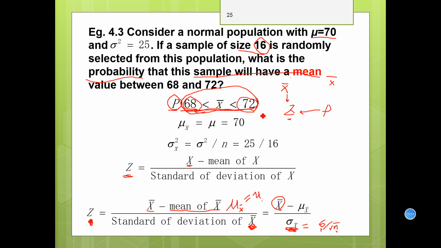So we can use either one of the two to represent x bar. So that means we can get two z values. The first z value is calculated when x bar equals 68, and the second z value should be calculated when x bar equals 72.